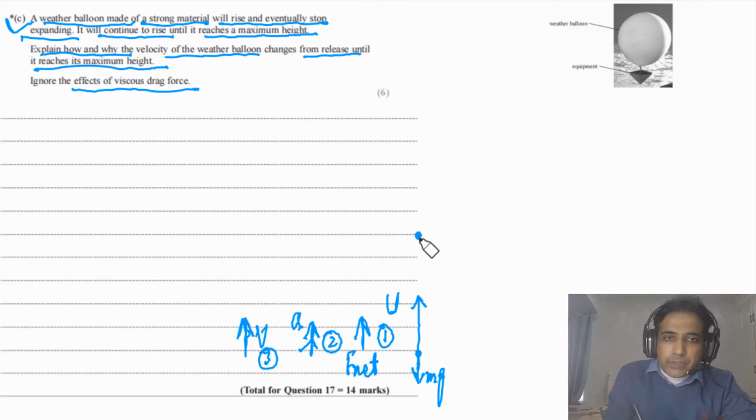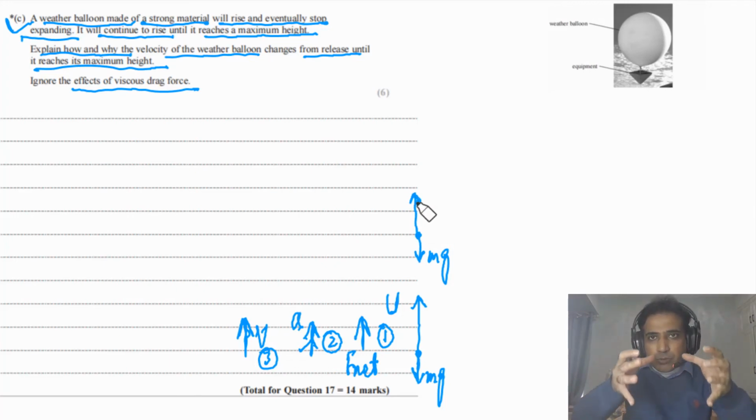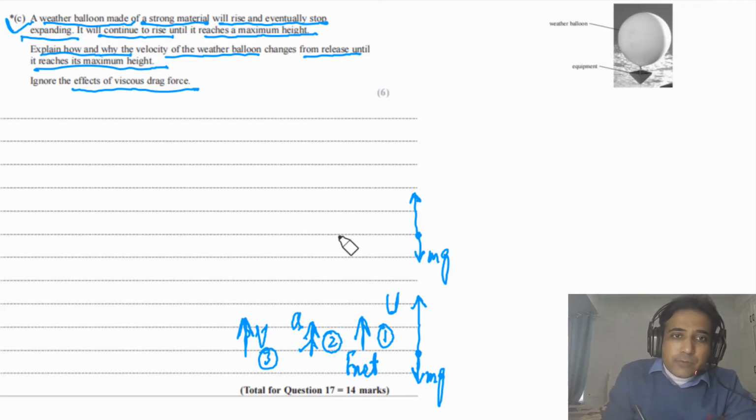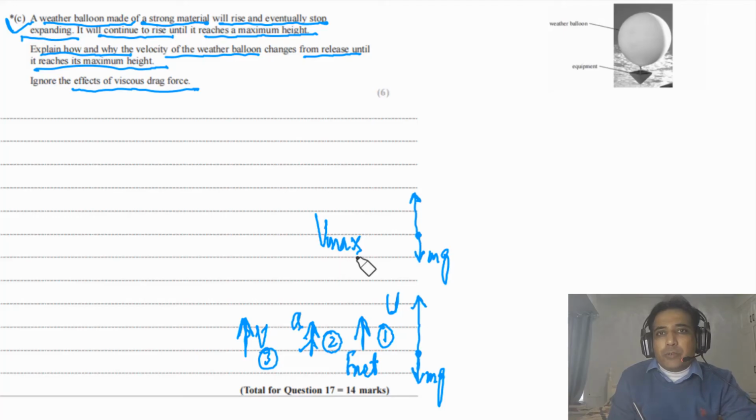Now let's say it reaches a certain height. So here we have mg, and at this certain height its volume is maximum. Now we need to understand, when the balloon is rising up, atmospheric pressure is decreasing, so the balloon will expand, and the density of air is also decreasing, so this balloon will finally reach a maximum volume, then it will stop expanding.